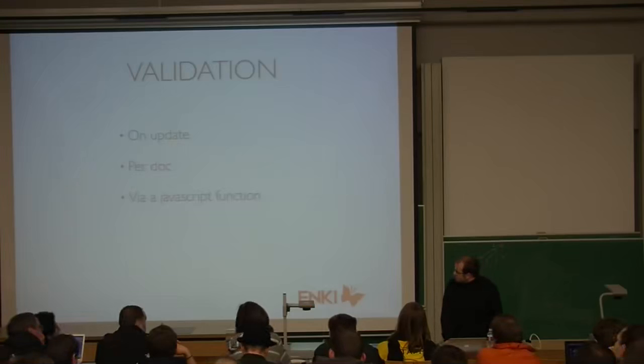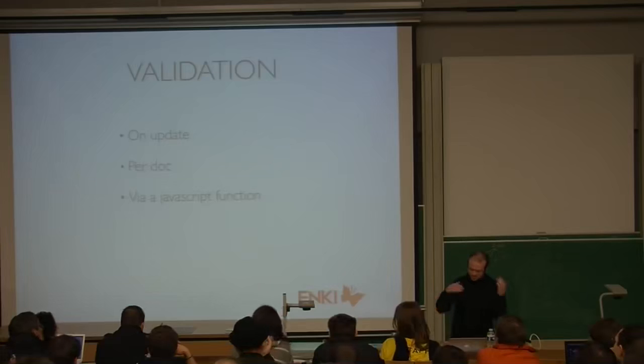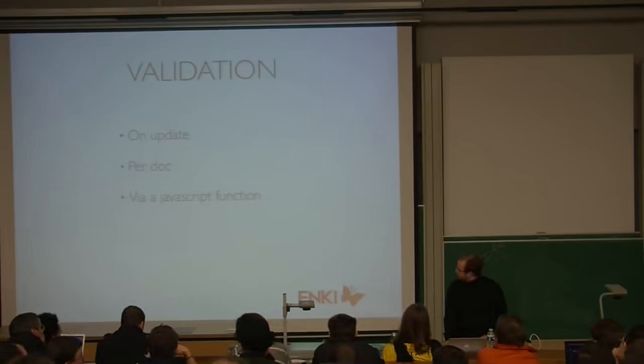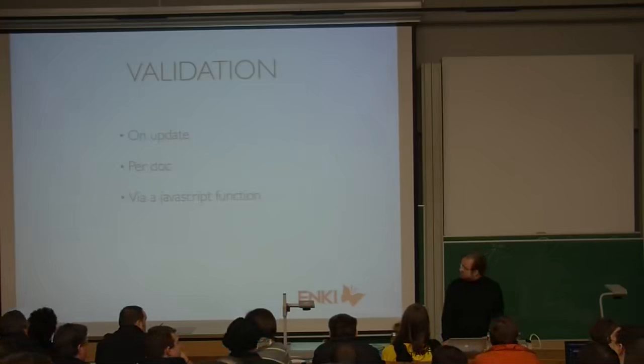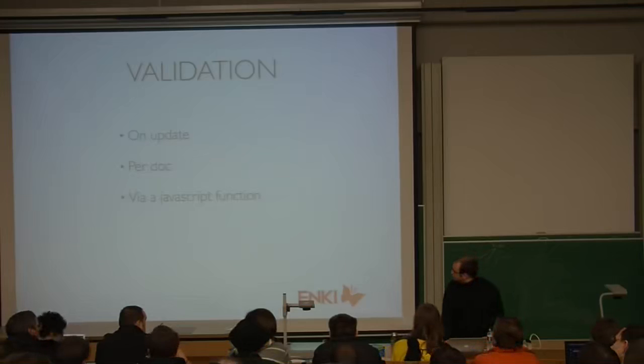Each function is, again, a simple JavaScript function, which gets the doc and the user objects, and you can forbid or return not found. You can raise HTTP errors to forbid an updated document.